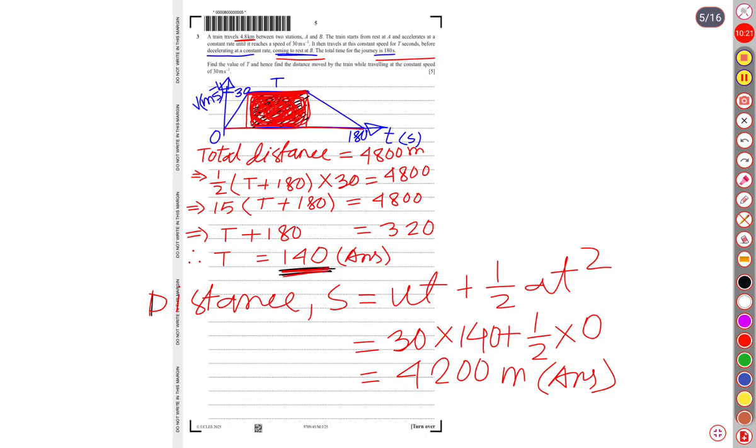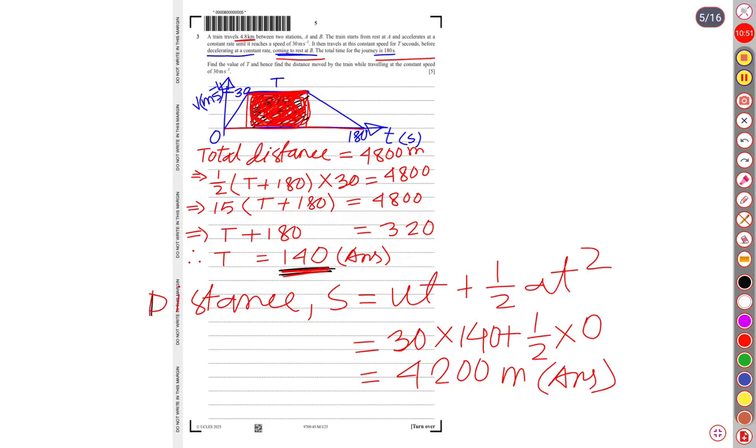So we have applied the simple formula, S equal to ut plus half at square, and as it is moving at a constant speed, there should be no acceleration at all, so a is 0. That's why it is simply S equal to u into t, which is 30 into 140. 30 is initial velocity, final velocity is also 30, then into time is 140. That means 4200 meters have been traveled by the train.